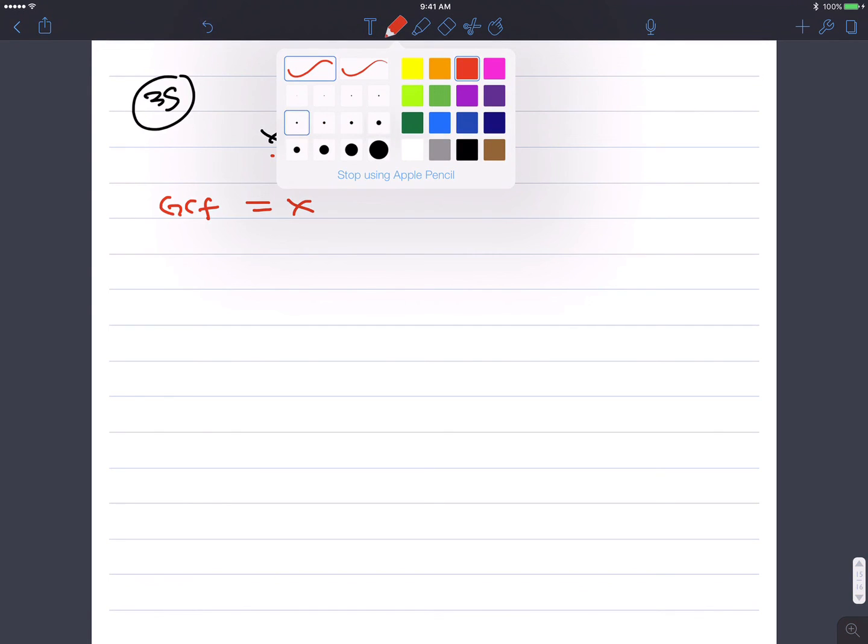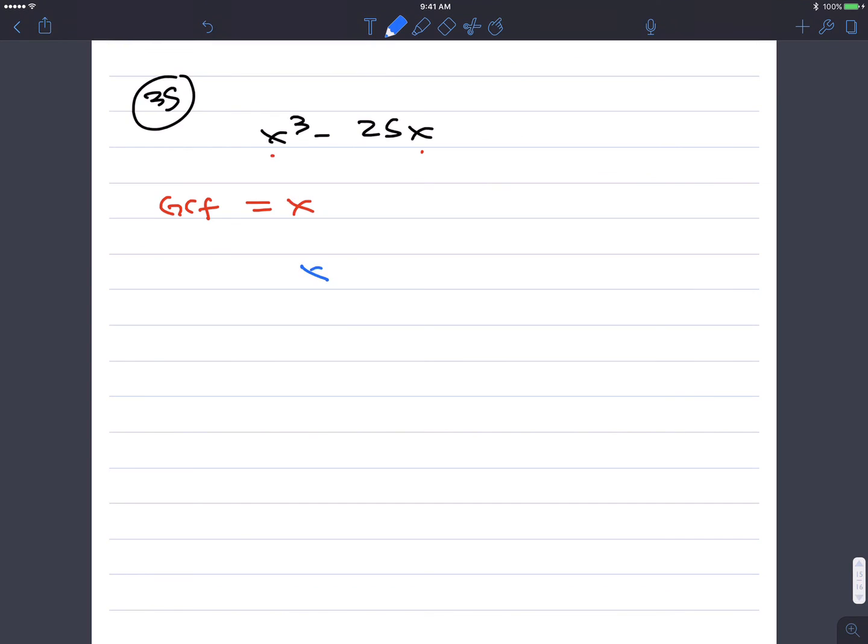Number 35. We have x cubed minus 25x. So, the greatest common factor of x cubed and x. Isn't that just x? Okay, quotient. x cubed minus 25x, everything over x.